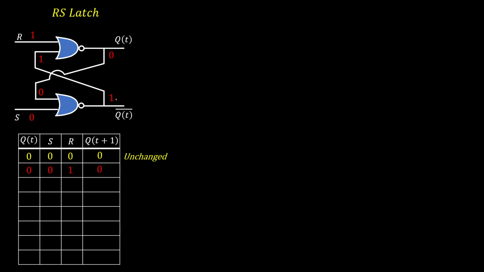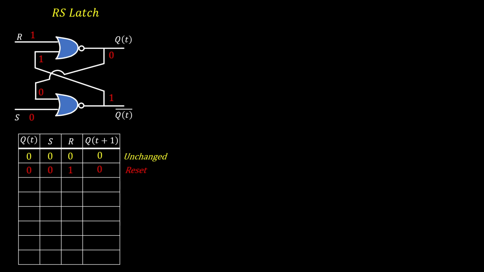QT is 0 and QT bar is the complement of 0, which is 1, so it is a valid state. So next state is 0. Here present state is 0 and next state is also 0. But R is high. It means whenever only reset is high, next state is reset or 0.